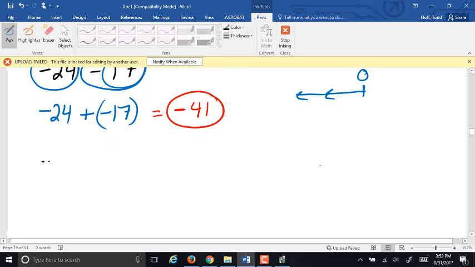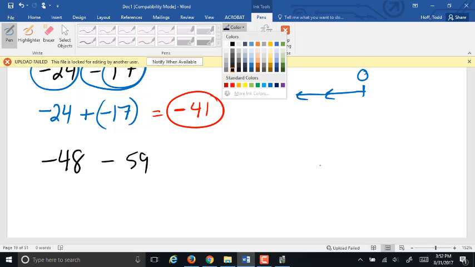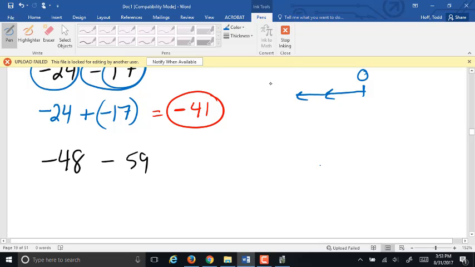So if I have negative 48 minus 59, what is that equivalent to? The negative 48 doesn't change. What does this become here?